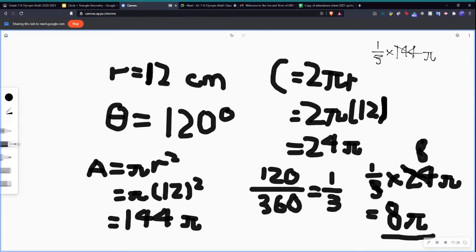If you cancel, this becomes 48. So the final answer for your sector area is 48 pi. So 48 pi is the sector area, and 8 pi is your arc length.